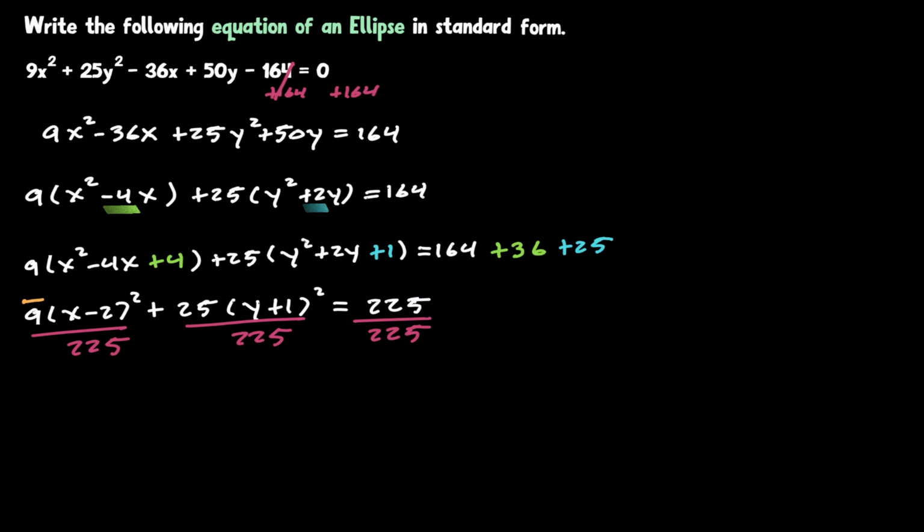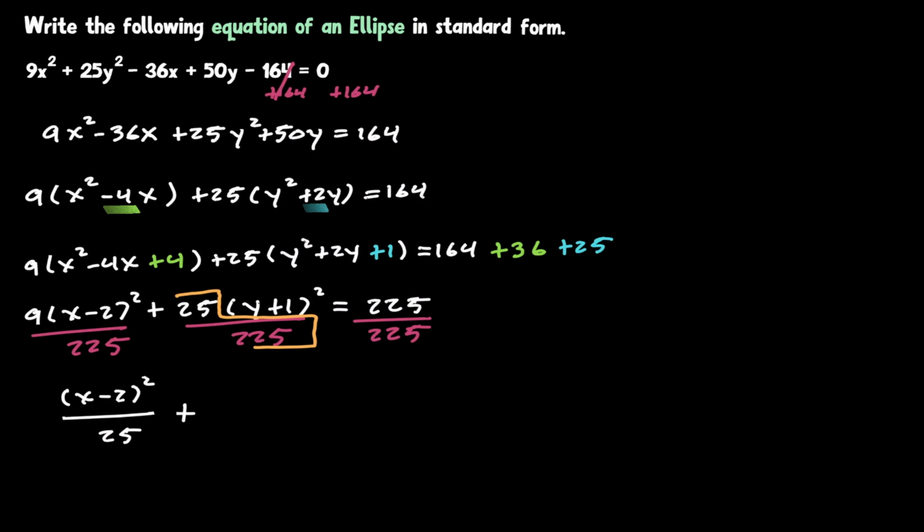Now, when simplifying this, you can think about it as just the expression of 9 divided by 225, which is equivalent to 1 over 25. So therefore, our first term, we can just rewrite it as (x minus 2) squared all over 25. Let's bring down the plus, and now let's move to the next term.